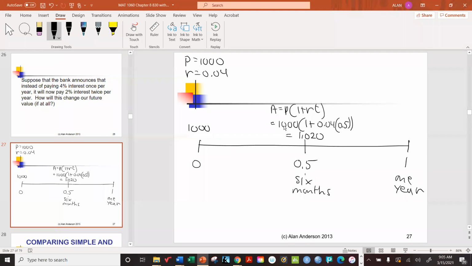Now, here's where it gets interesting. In 1 year, 6 months later, when we go to calculate this, look what happens. The principal is now 1,020 instead of 1,000.